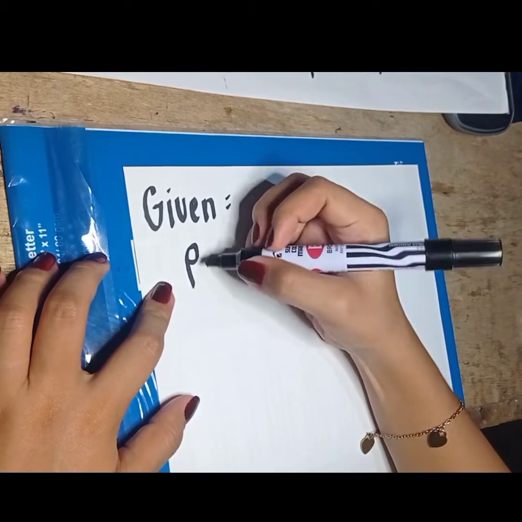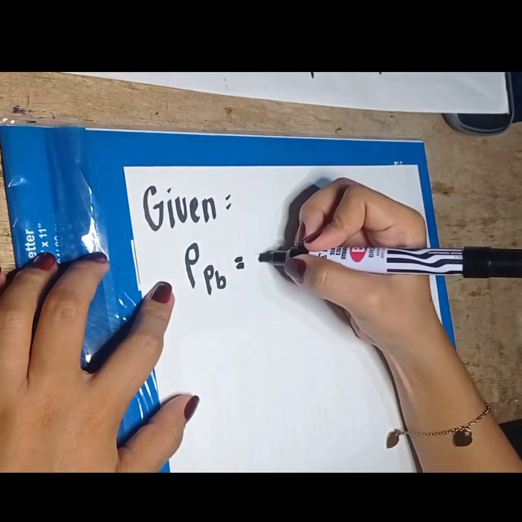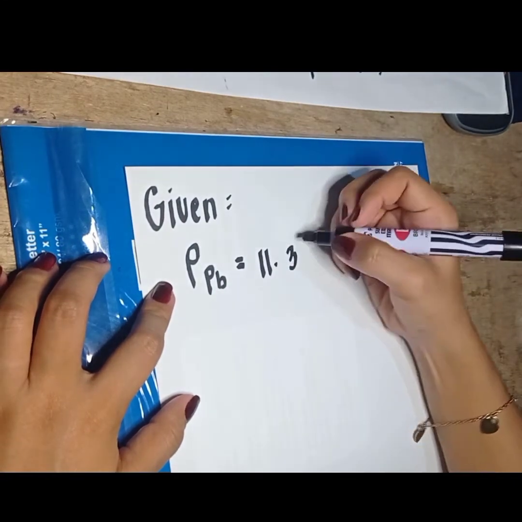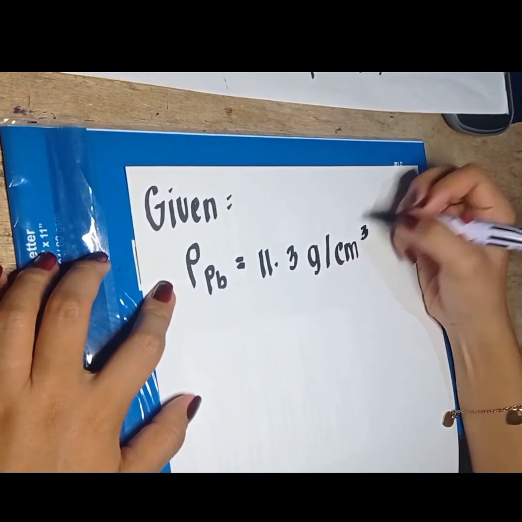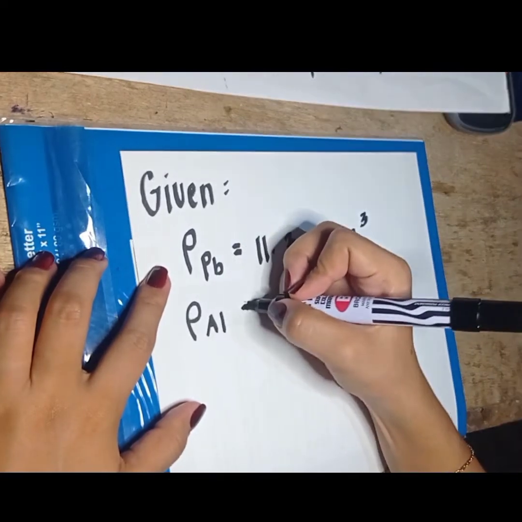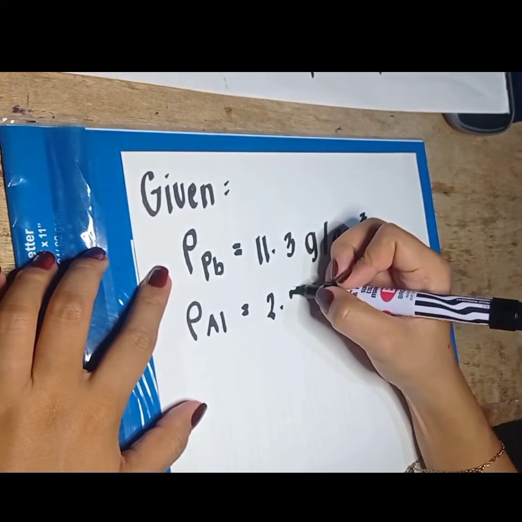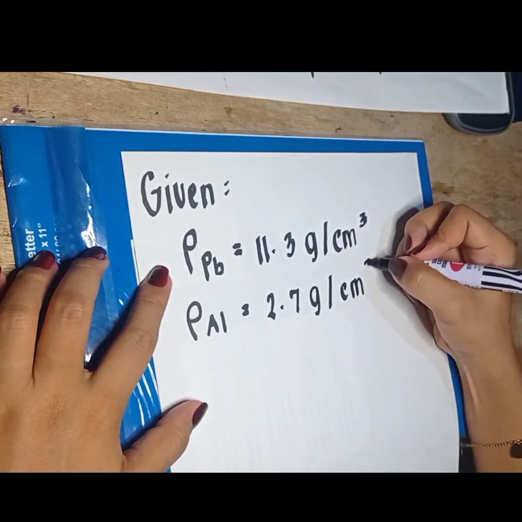The density of the lead is equal to 11.3 grams per cubic centimeter, and the density of the aluminum is 2.7 grams per cubic centimeter.